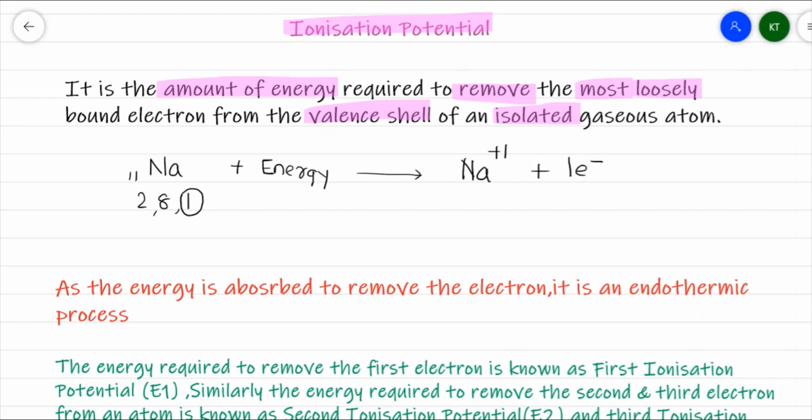The energy which has been spent here to eject this electron is defined as ionization potential or ionization energy.